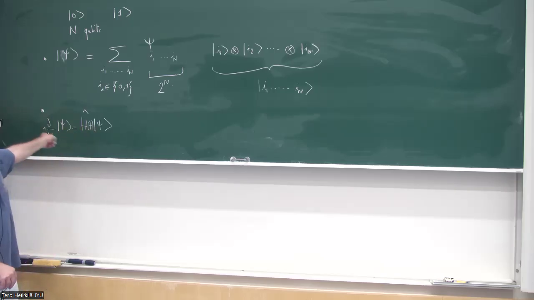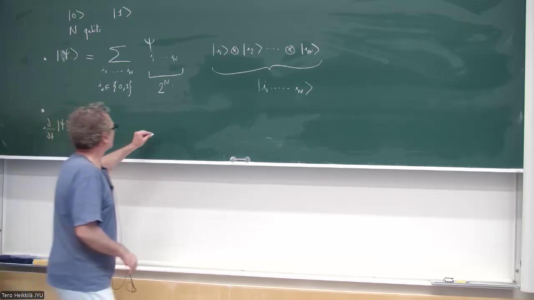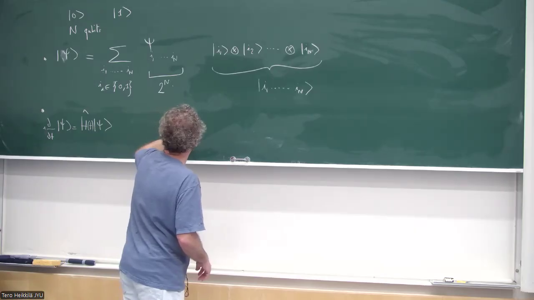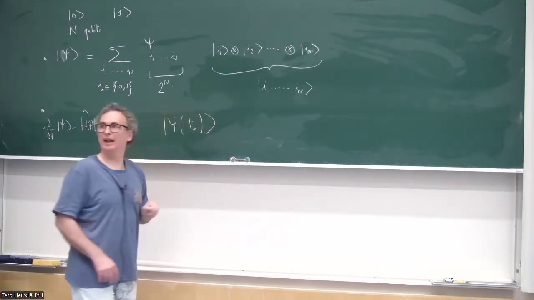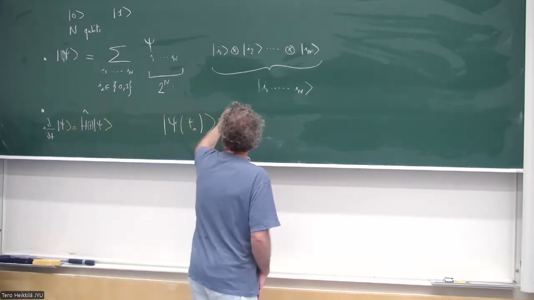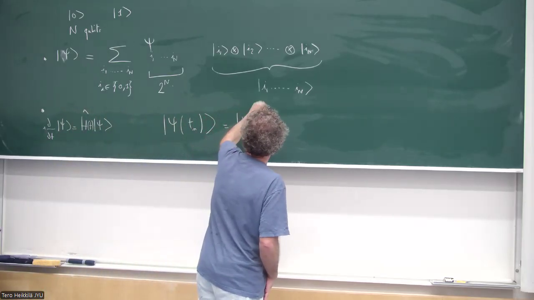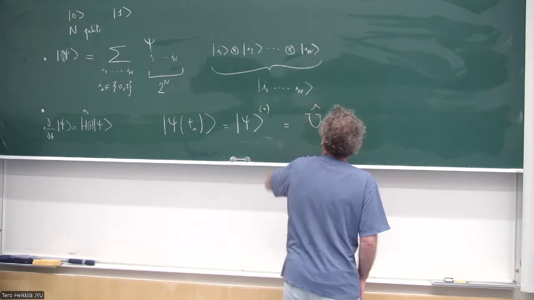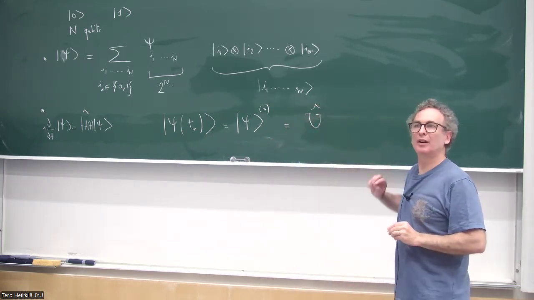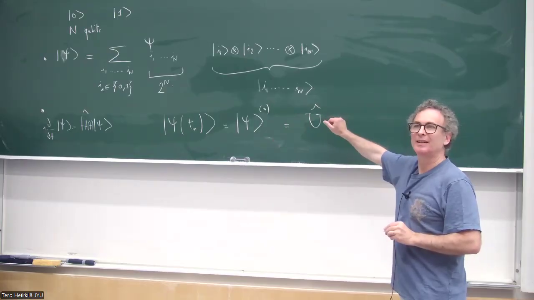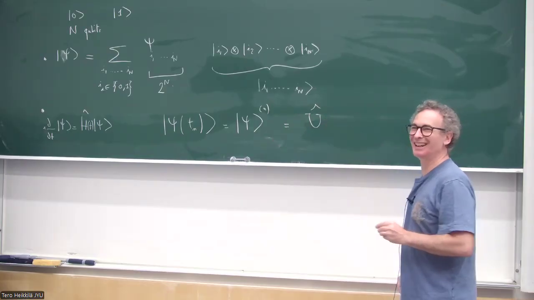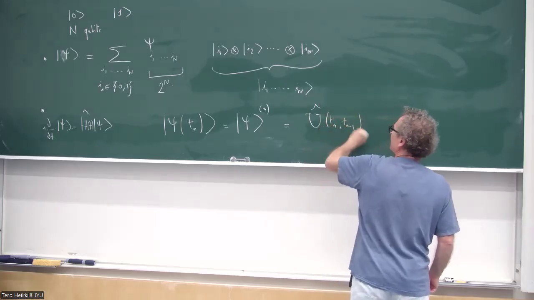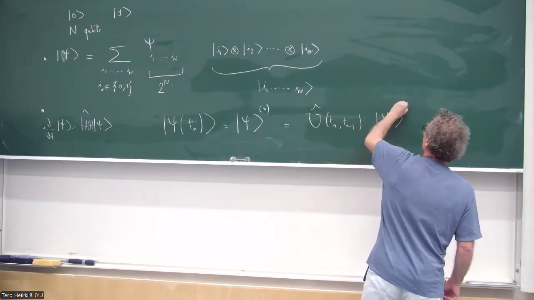Suppose that you have actually worked this out, then you can write something like psi of a certain state at time tn, which I will write like this, equal to the evolution, what's the name of this? Time evolution operator U between tn and tn minus 1 times psi at tn minus 1.